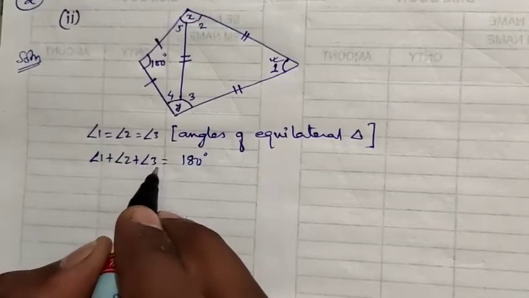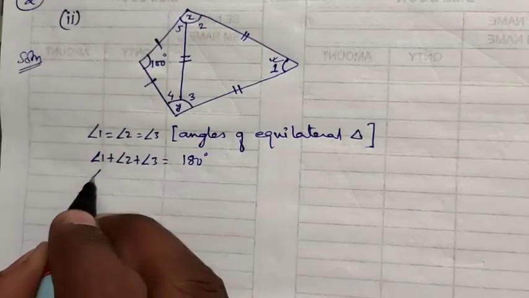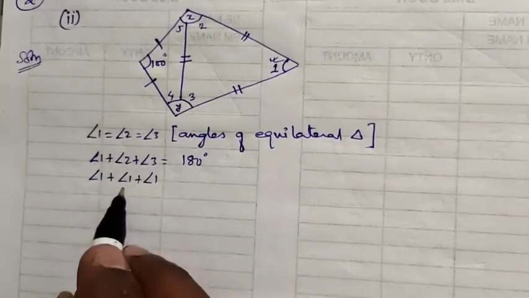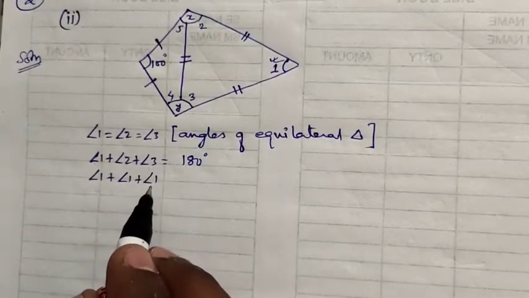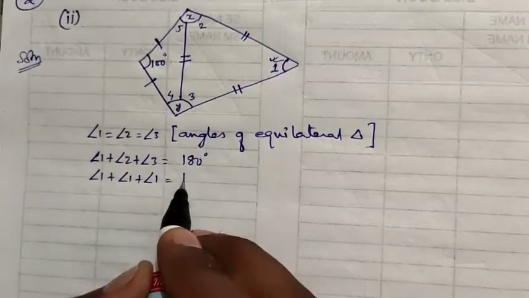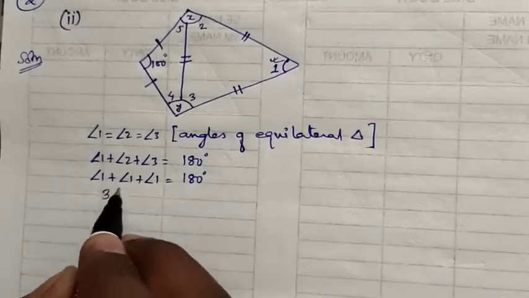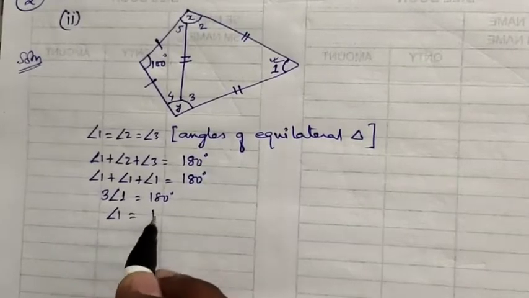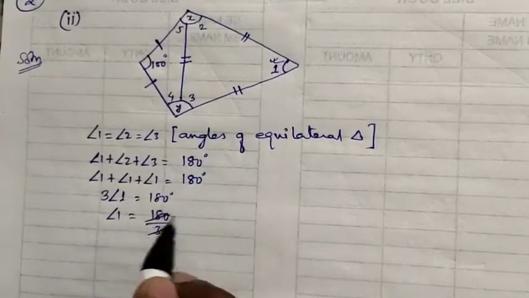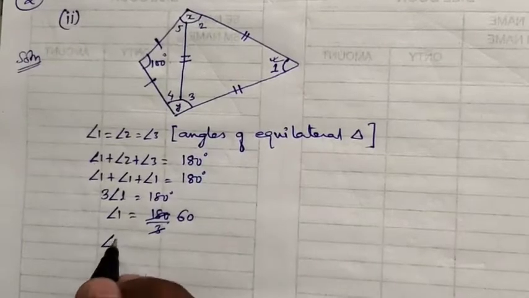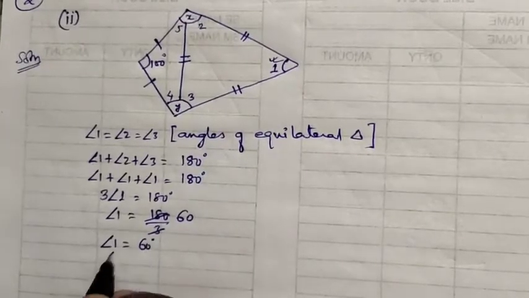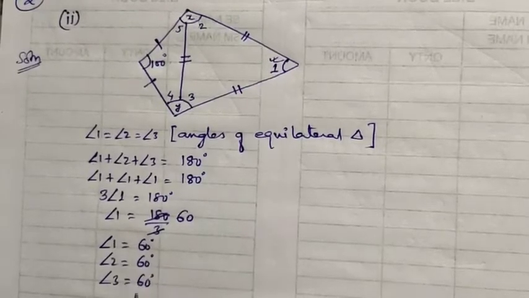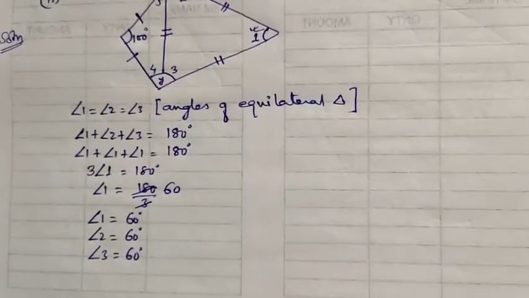All these three angles are equal, so we replace them by angle 1. In place of angle 2 and angle 3 we can write angle 1. So 3 angle 1 is equal to 180 degree. Angle 1 is equal to 180 by 3. It means the value of angle 1 is 60 degree. Therefore angle 2 will also be 60 degree and angle 3 will also be 60 degree. All these three angles will be 60 degree.